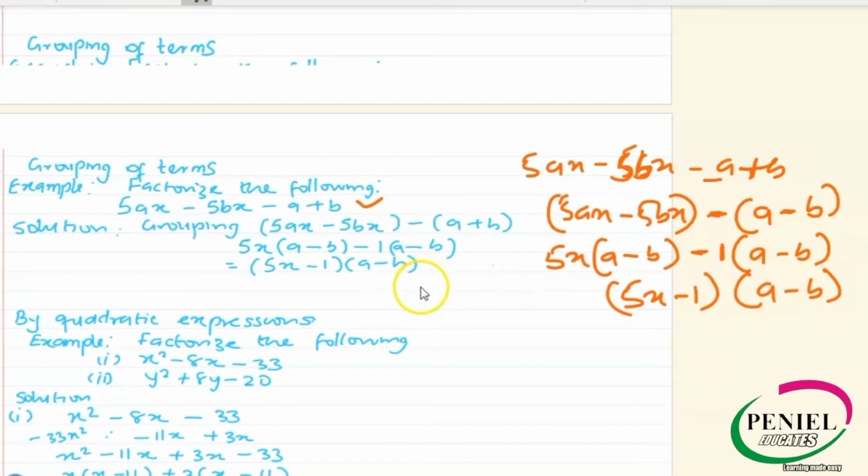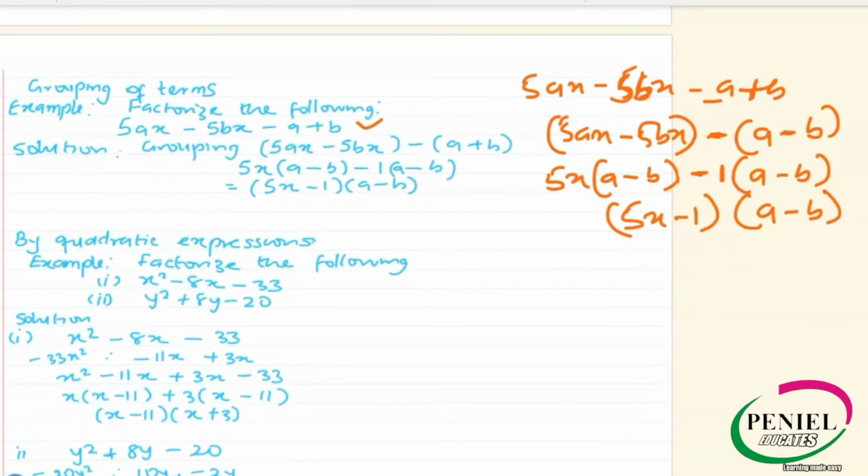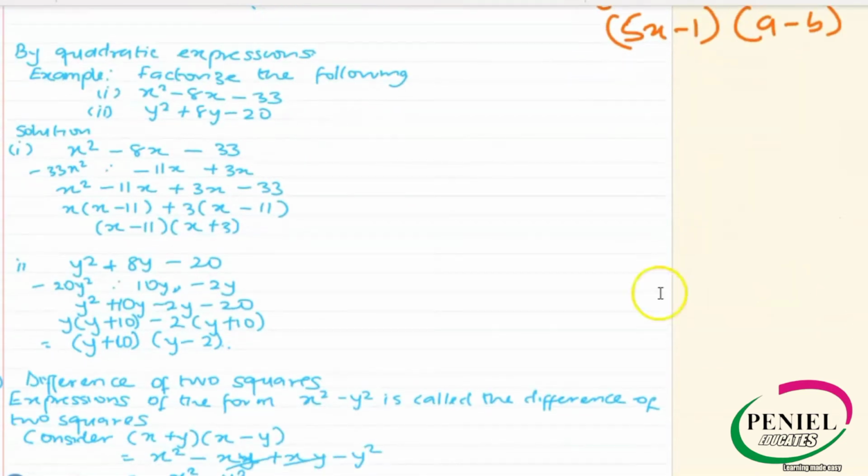Let us look at how we can factorize quadratic expressions. Okay, so let's look at this: x squared minus 8x minus 33. We are given x squared minus 8x, then minus 33.